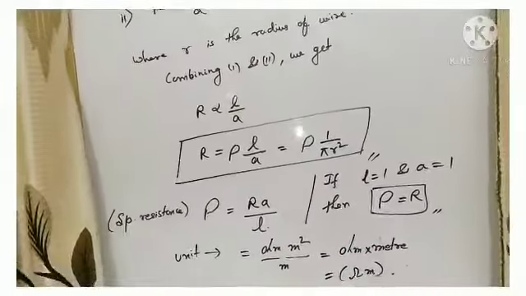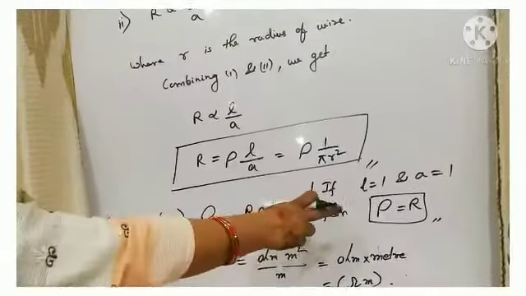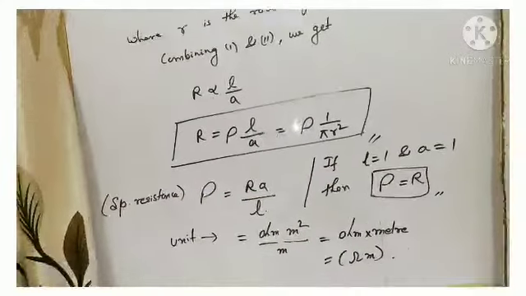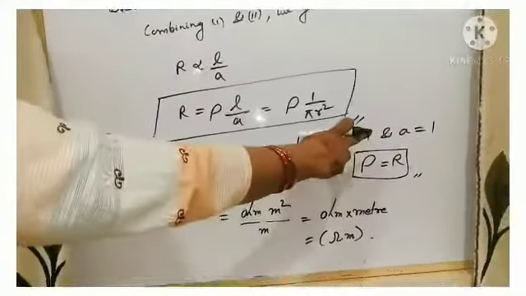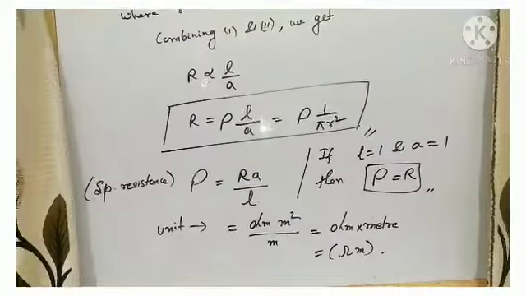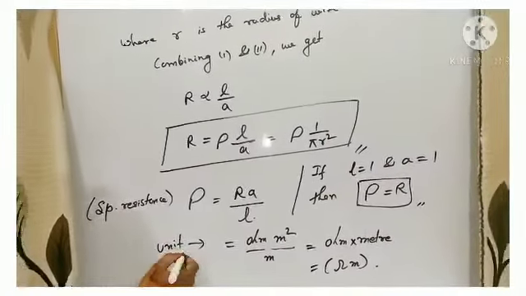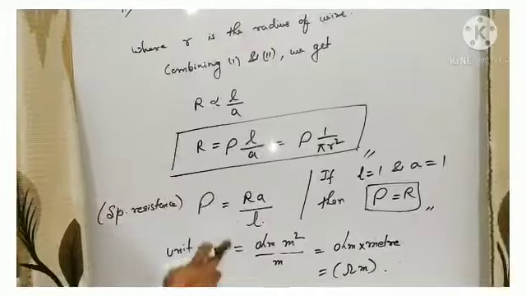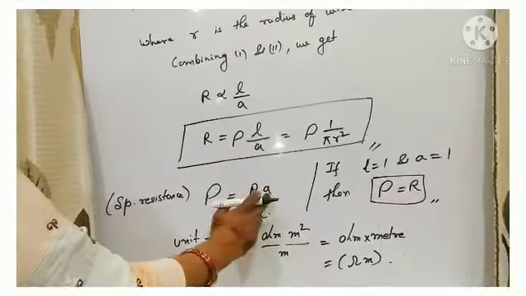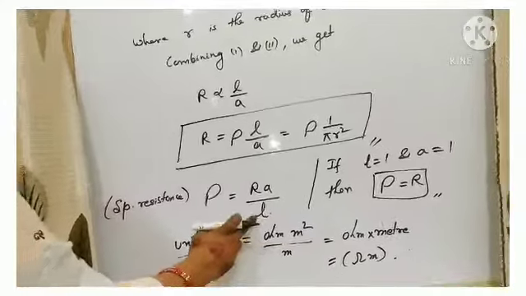That is, specific resistivity of a material is the resistance of a wire of that material of unit length and unit cross section area. Unit of specific resistivity: for R it is ohm, for A it is meter square, length into breadth, and for L it is meter.